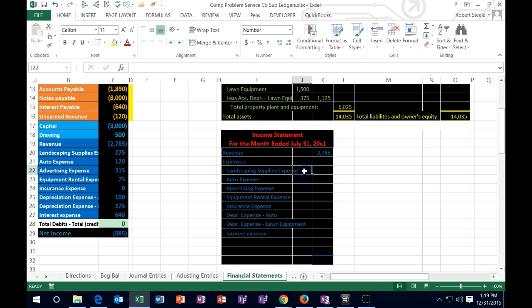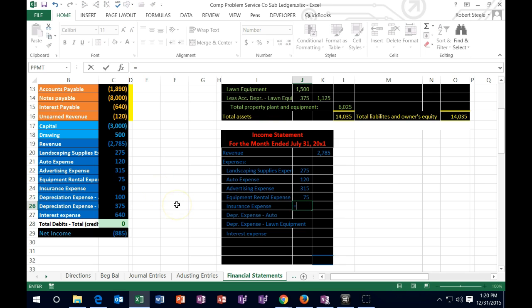So we're going to go up to J22 and just select equals, and that'll write over that run over of the numbers, and point to the 275 and enter. Then the auto expense equals, and we're going to point to the 120 for auto expense, enter. Then the advertising expense equals the 315 and enter. Then the rental equipment equals the 75 and enter.